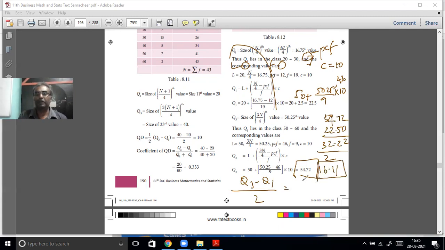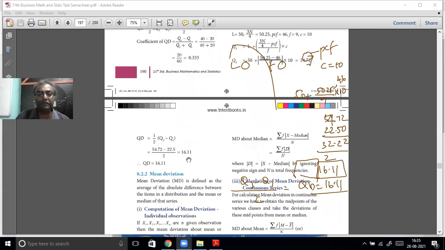This is the answer. QD, quartile deviation, is equal to 16.11. Okay, let us see whether the textbook is agreeing with this 16.11. Yes, it's agreeing, 16.11. Very simple.